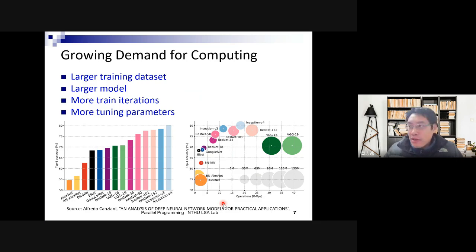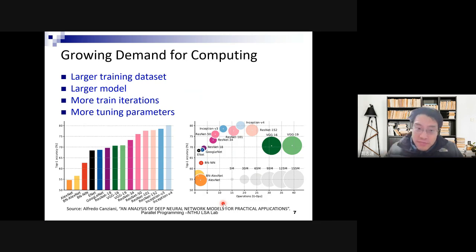For example, maybe the learning rate, the dropout rate, the number of layers, how to select the features, etc. There are many parameters that can be controlled to train the model, maybe more than hundreds of parameters. So if you want to get the best result, that also means you have to go through that parameter tuning process.